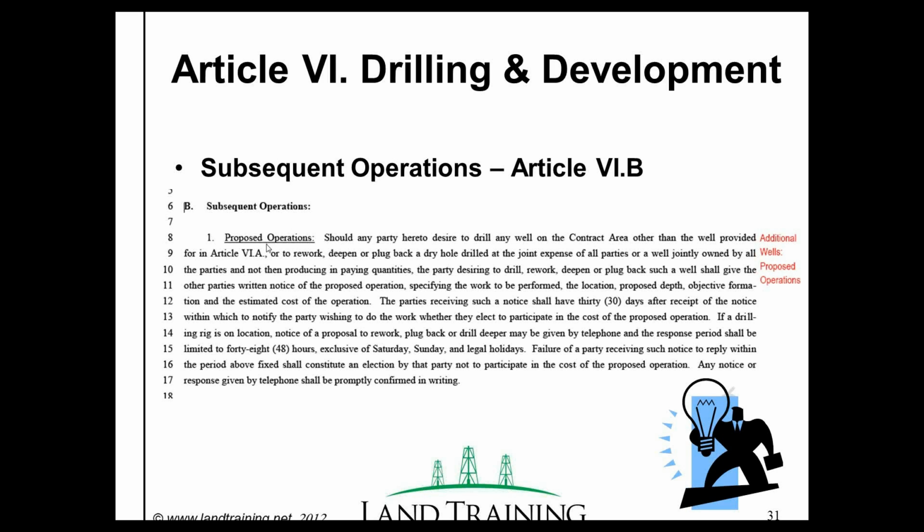This is called proposed operations. This is Article 6B1. Article 6B1 says that if any party wants to drill another well in the contract area, then they have to notify the other working interest owners. And here's some key language.